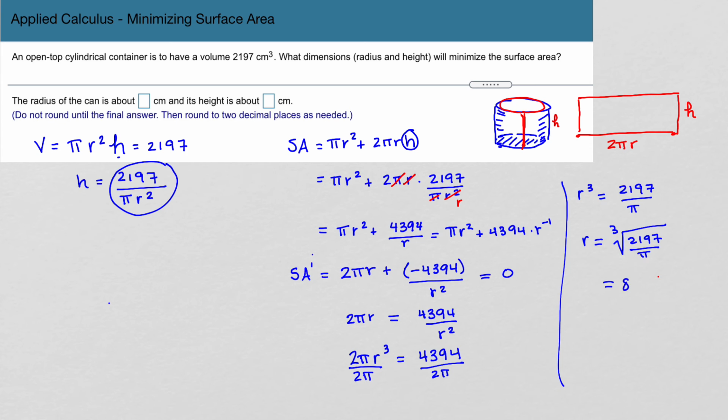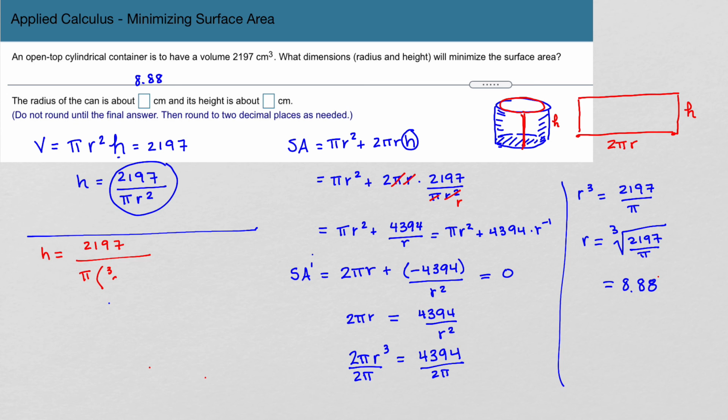and I get 8.88. Okay, so that's my value for the radius. And then for the height, I'm going to take 2197 over pi times the radius squared.